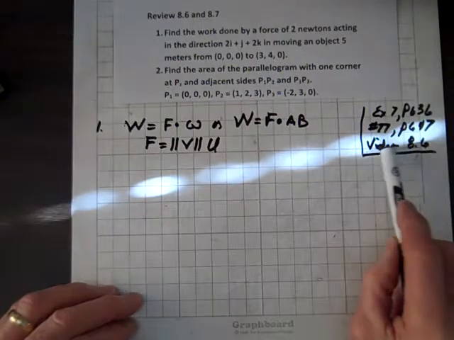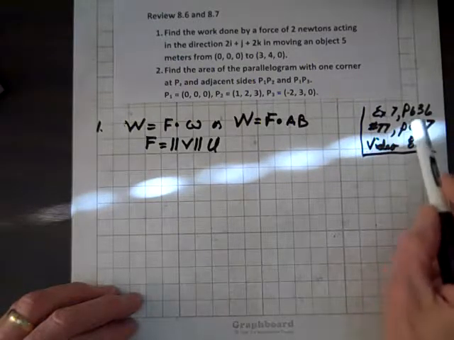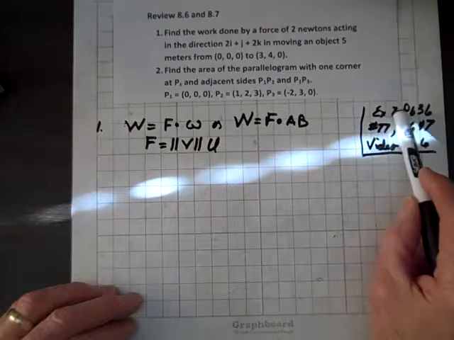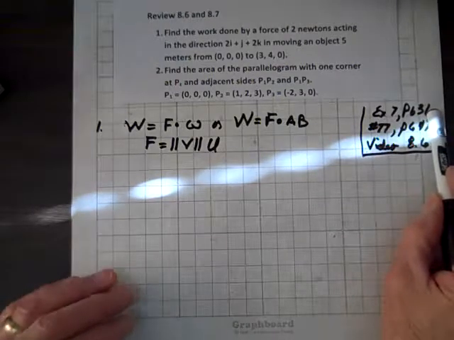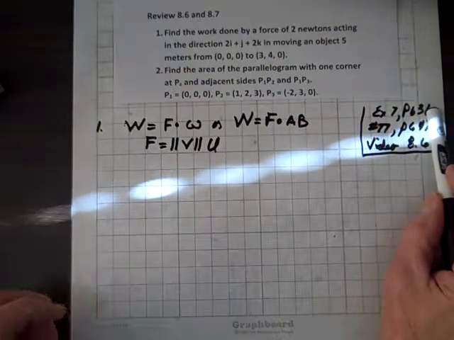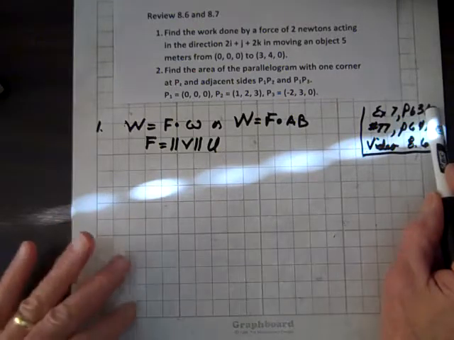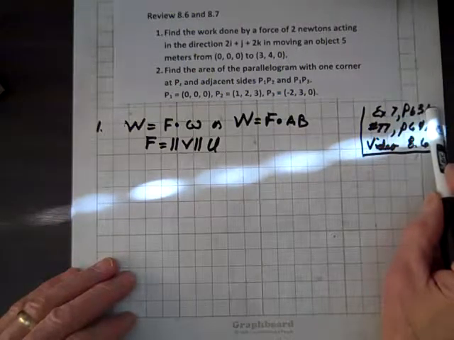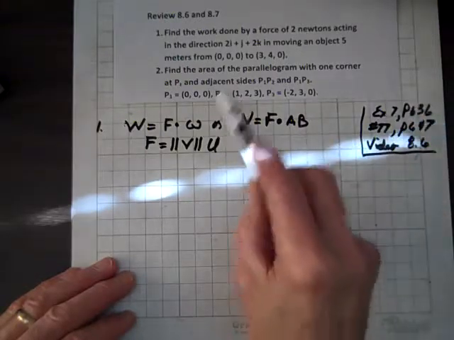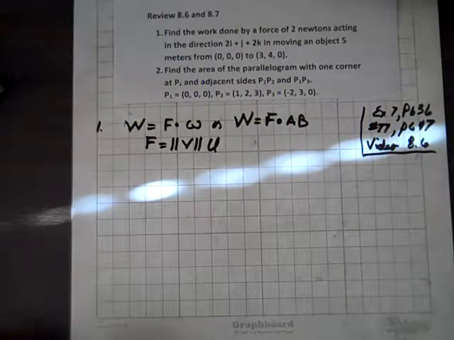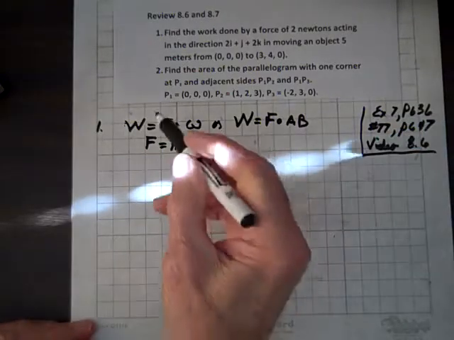And as I mentioned, we did a very similar problem on the video, the example 7 on page 636, in the video for the review for 5.3. It's just a two-dimensional situation, whereas now we have three-dimensional. But the structure of the equation is still the same. So let's deal with it.